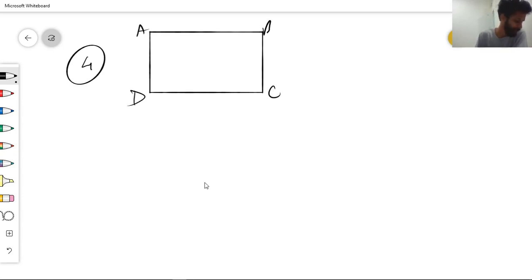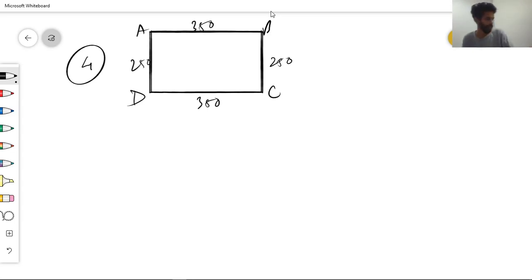You have to fence around this park. The length of this park is 350 and the breadth is 250. When we fence it, we fence the boundary only. So we have to find the perimeter. Just understand what we are dealing with.